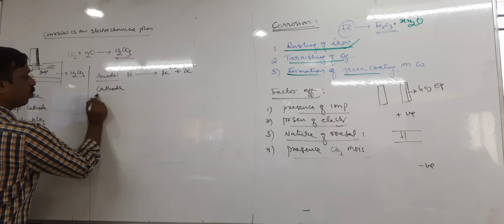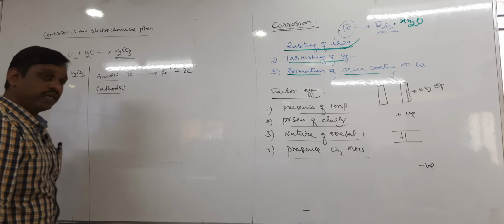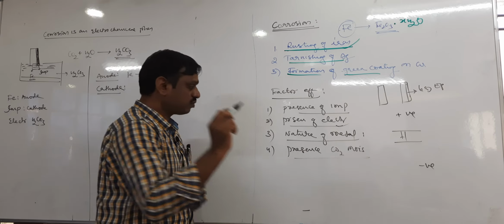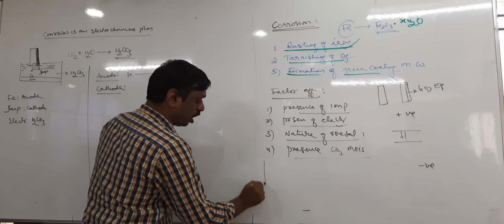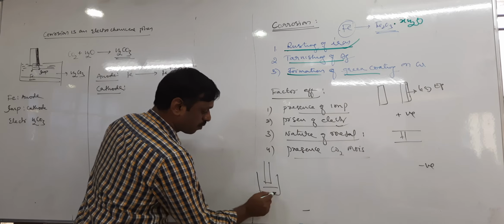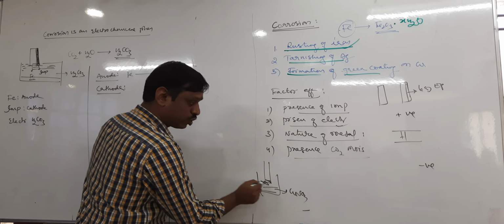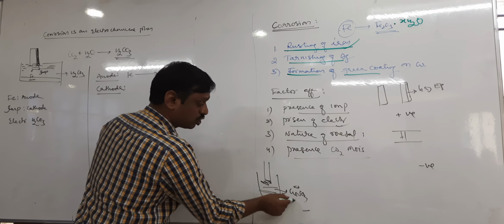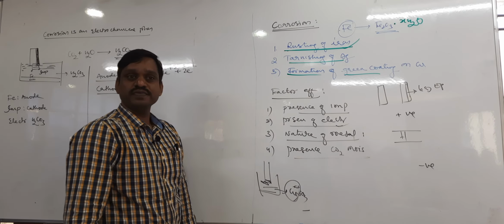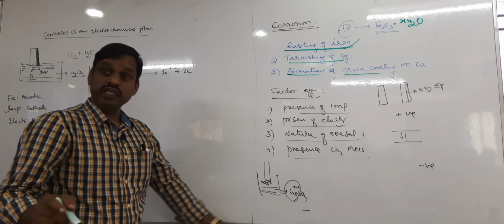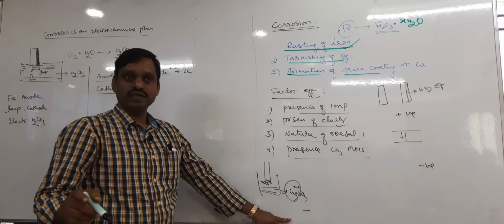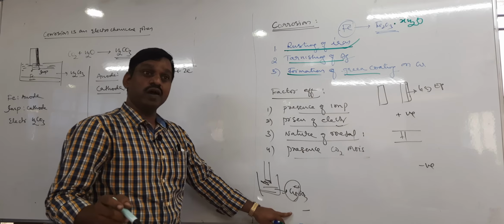And next is cathode. Tell me, what reaction takes place at the cathode in Daniell cell? At cathode, copper rod is placed in where? Copper sulfate. Now here, whether this copper rod is involved in the reaction or Cu plus 2 is involved? Cu plus 2, it means the electrolyte. At cathode, the cation of the electrolyte undergoes reduction.